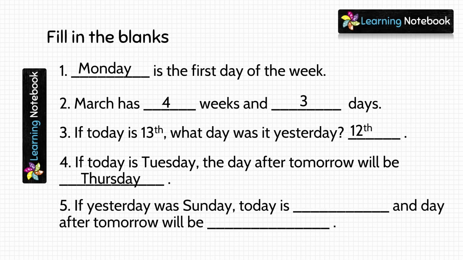Now fifth question is, if yesterday was Sunday, today is dash and day after tomorrow will be dash. So here it is given yesterday, that is the day before was Sunday. So today is Monday and day after tomorrow. Tomorrow will be Tuesday and day after Tuesday will be Wednesday. So students, these were the questions about calendar.